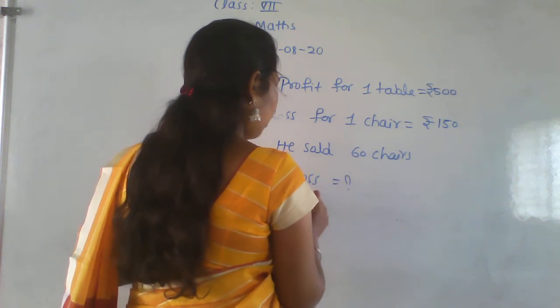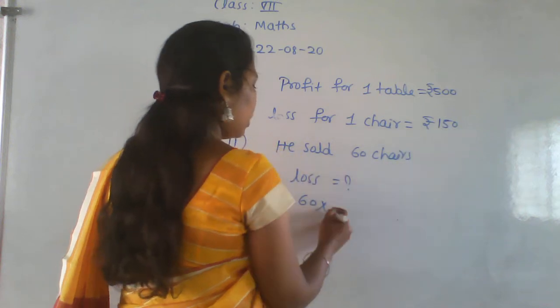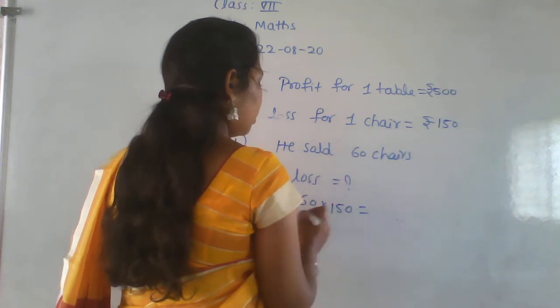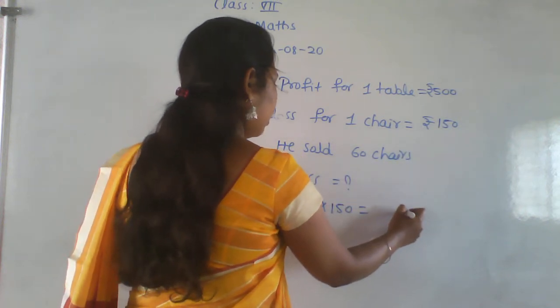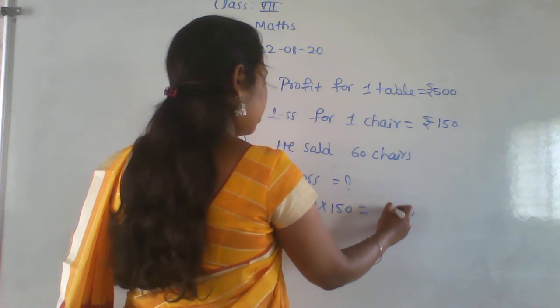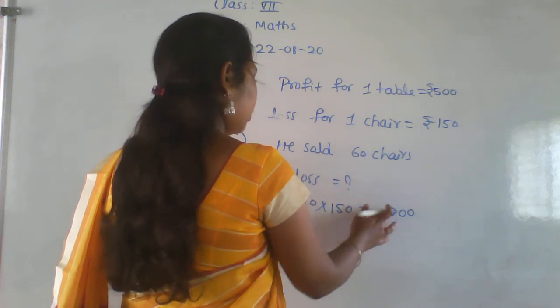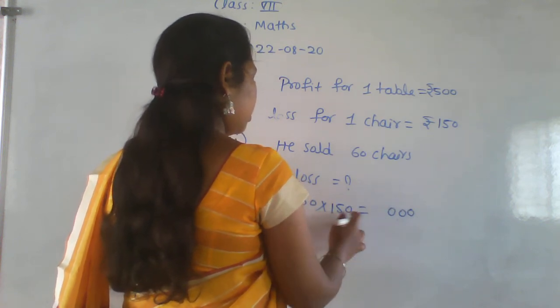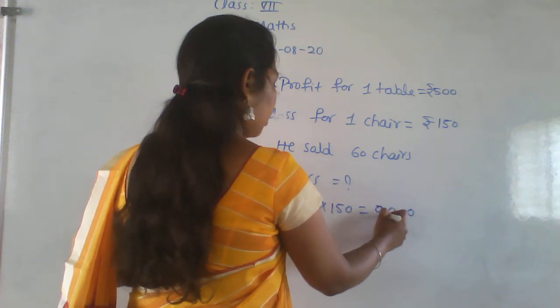Loss equal to question mark, that is 60 into 150 for one chair. So 9,000.